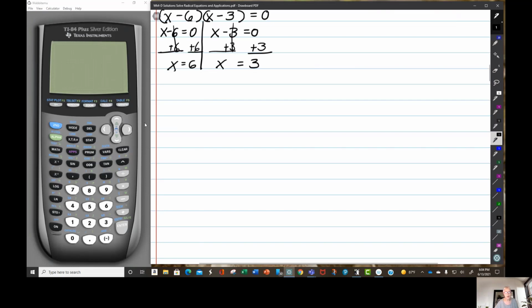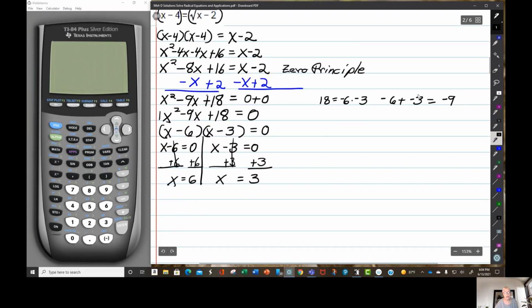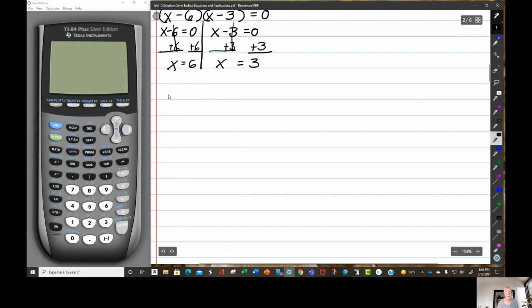But this is a radical equation, and you just don't know. Here are your possibilities. 6 and 3 might both be solutions of the equation. Or 6 and 3 might both be extraneous.